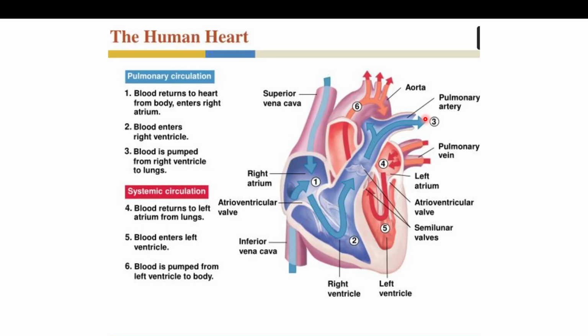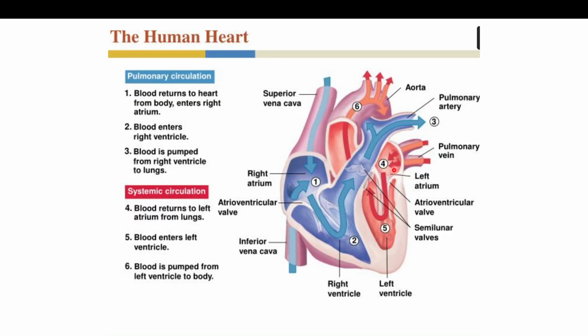I mean, O2 is taken up, CO2 is released, and eventually oxygenated blood enters the left auricle and then the left ventricle, which is again controlled by this valve here, which is again called the atrioventricular valve.